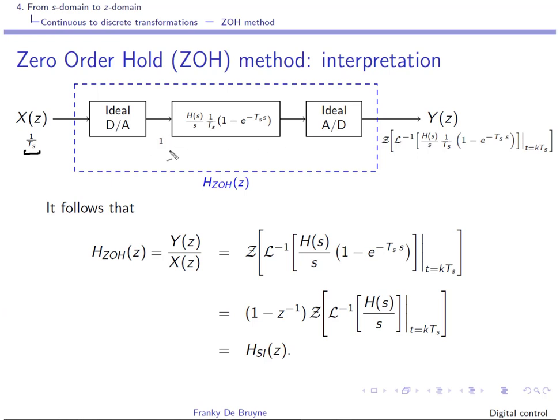So the equivalent Laplace transform is 1, and we know that an ideal analog to digital followed by digital to analog conversion can be modeled by this transfer function over here. This is something that we had seen at the end of section 2. What we see now is when we compute the transfer function over here, that the 1 over Ts cancels with the 1 over Ts.